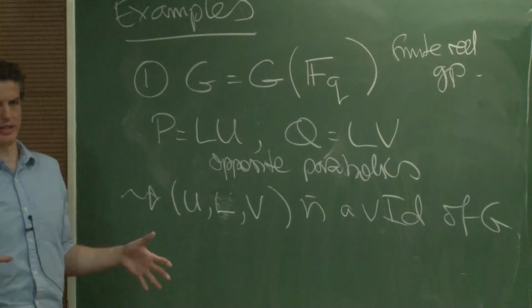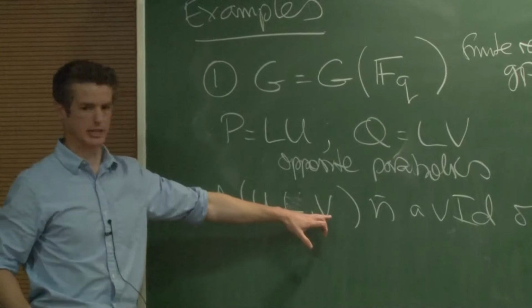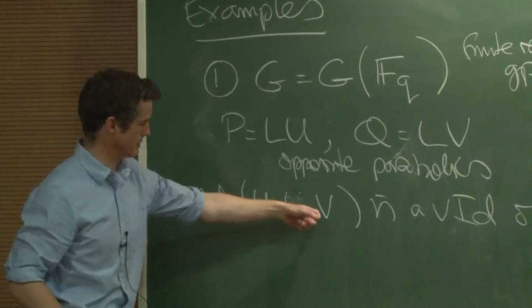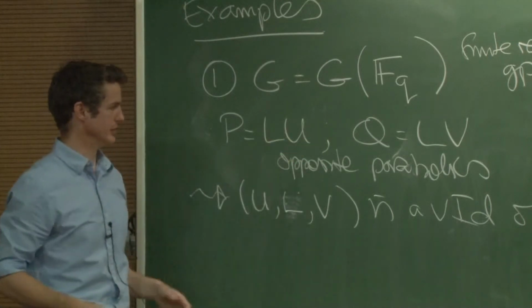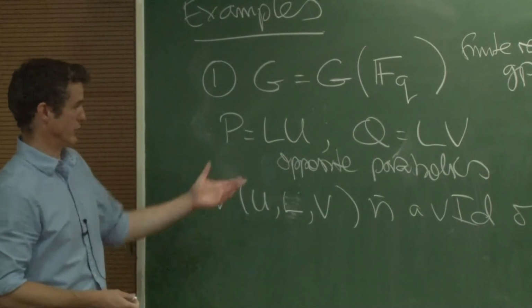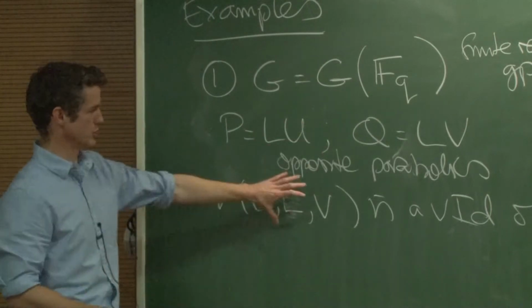Well, you need to have closed subgroups, that's not an issue, these are finite groups. L needs to normalize U and V, that's obvious, and the product of U times L times V into G needs to be one-to-one. That's also obvious if you know what a parabolic subgroup is, and what a pair of opposite parabolic subgroups are. So this is one of those things.